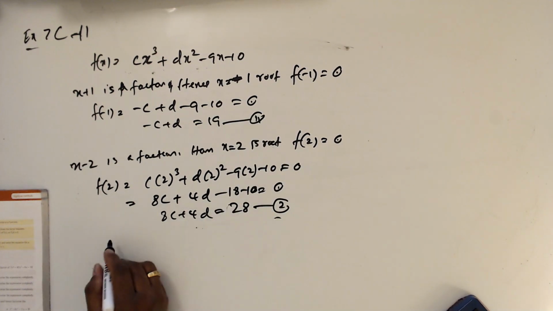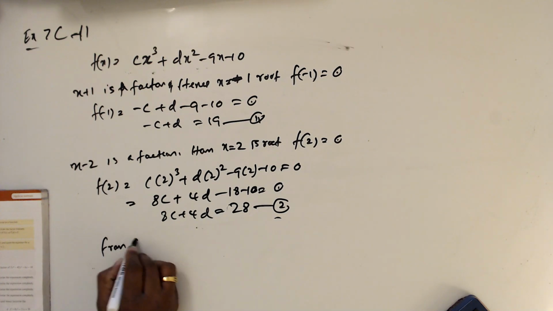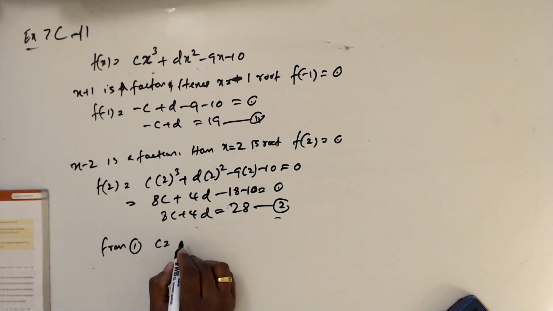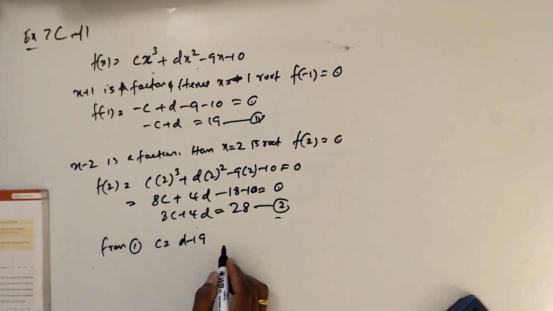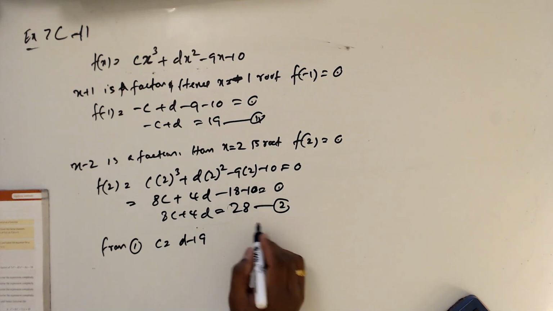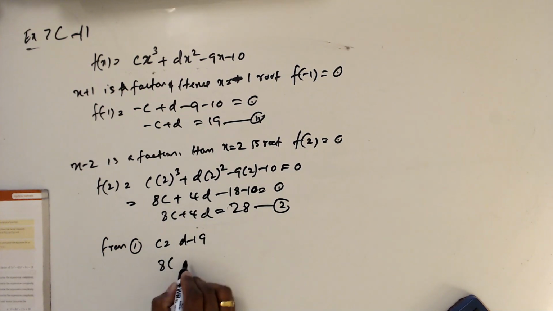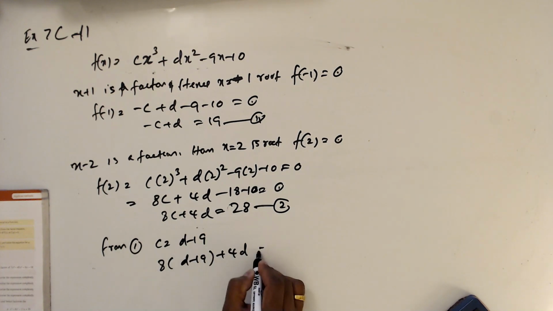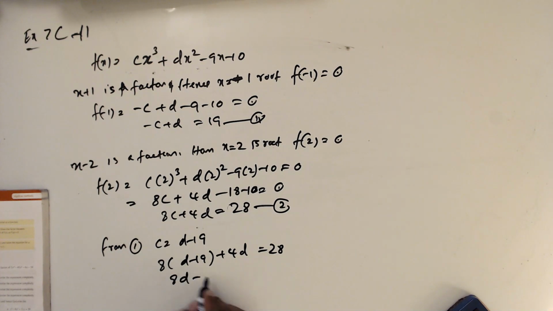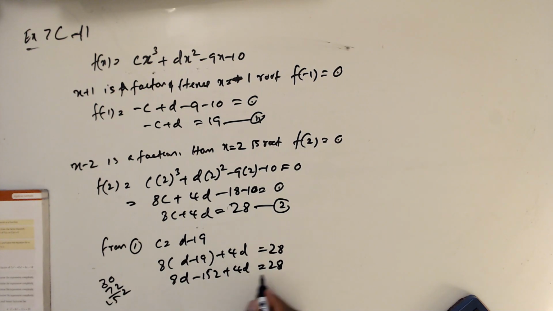I'll delete this one. I'll make c the subject. From 1, c equals d minus 19, and substitute into this one: 8 times (d minus 19) plus 4d equals 28. 8d minus 152 plus 4d equals 28. 12d equals 28 plus 152, which is 180.